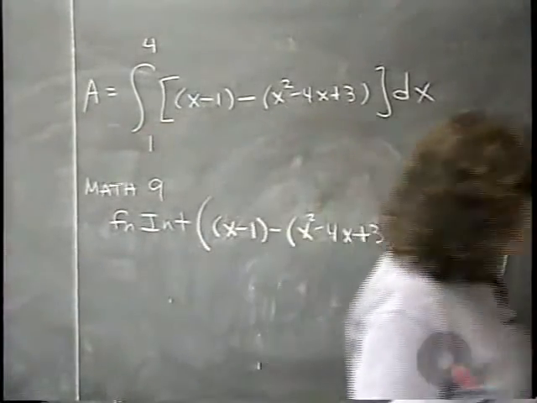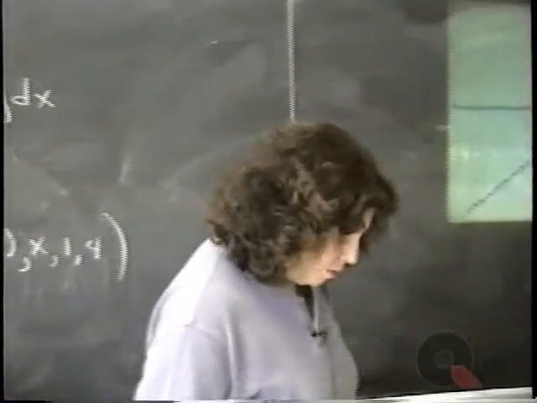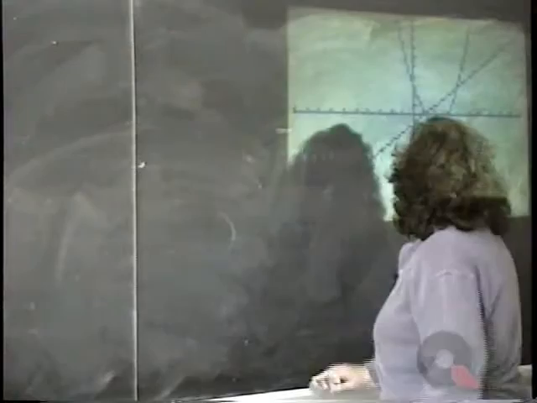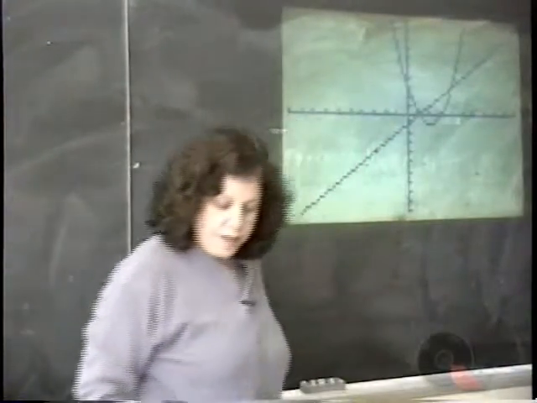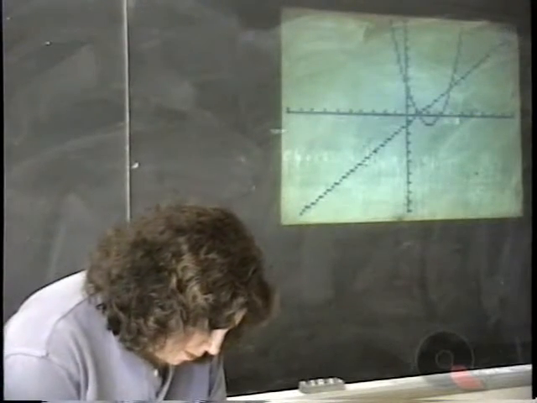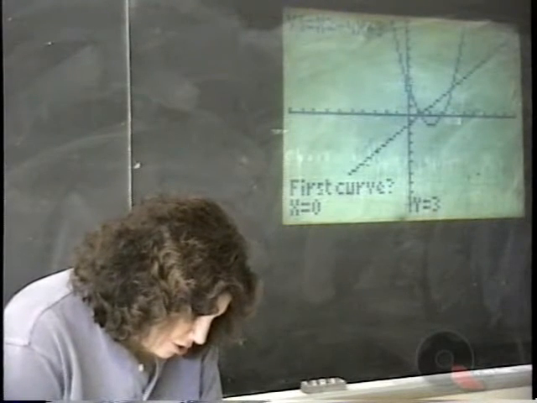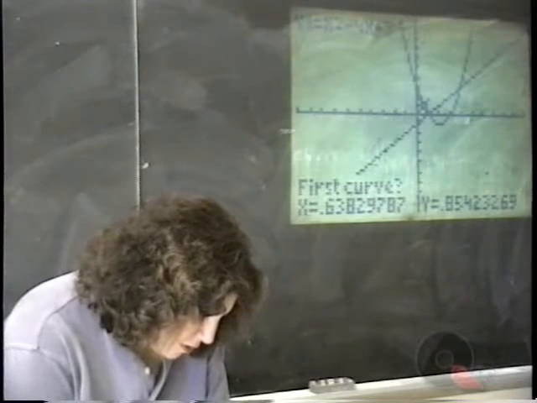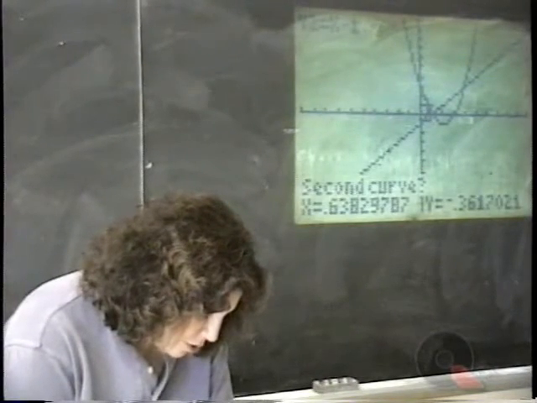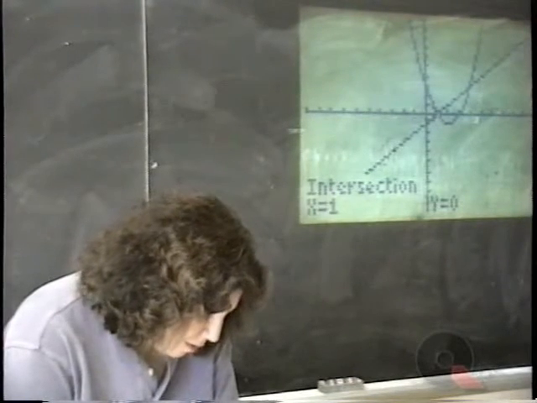Let's go over to the calculator and see what happens. First of all, if we wanted to get those points of intersection, let me just erase those dots from the previous problem. We're now looking for these 2 points of intersection. I would hit second, calc, 5, send the cursor somewhere over close to the first point of intersection, hit enter once, twice, 3 times, and there you have the point 1, comma 0.